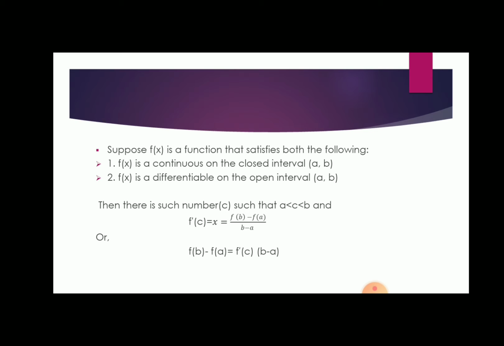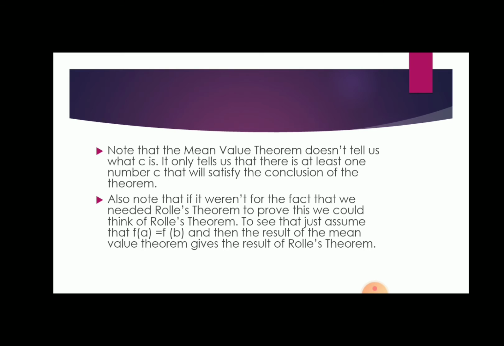Then there is a number c in (a, b) such that f prime of c equals f of b minus f of a over b minus a, or f of b minus f of a equals f prime of c times b minus a.